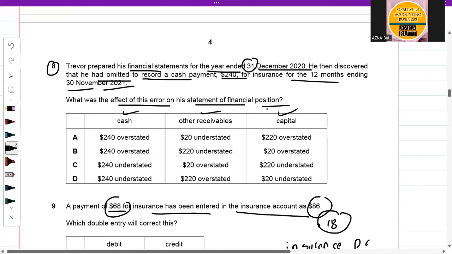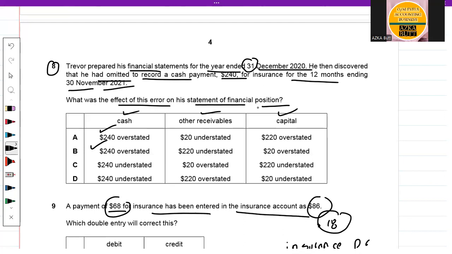So cash is overstated by 240. Why? Because the payment was not recorded. So these two options seem to be right. Other receivables, which is prepaid insurance, because this insurance covers 12 months. So this would be the other receivable.